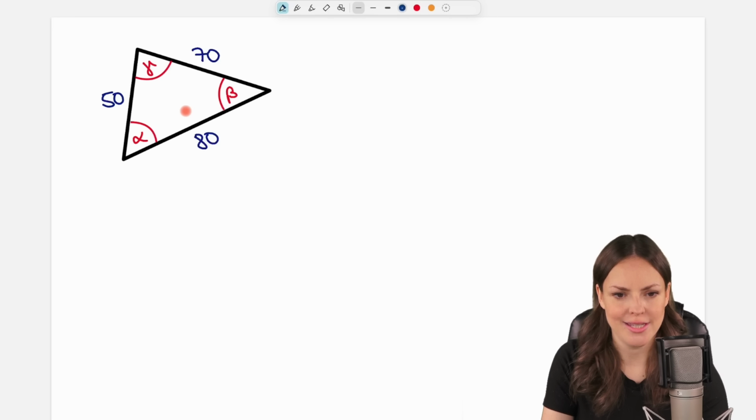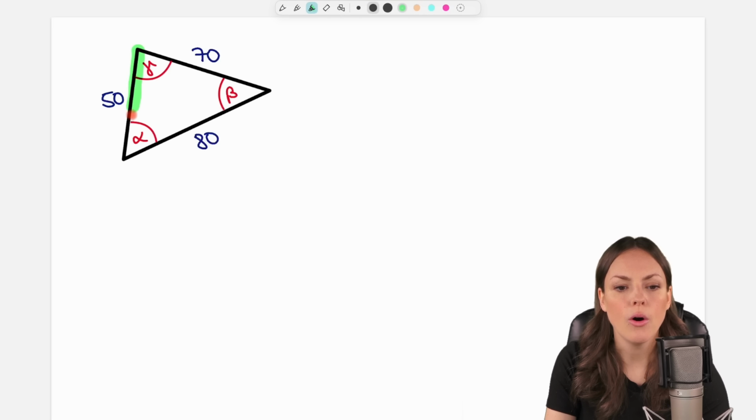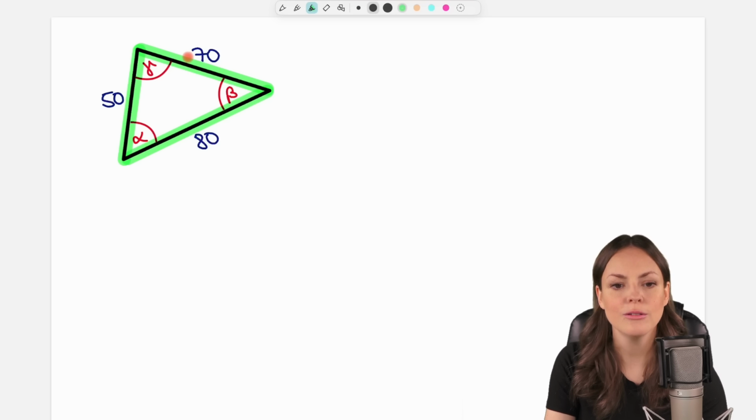The question just is, which of these laws can we use here now? The law of cosines, for example, uses all 3 sides of the triangle and one of the angles. You can choose any angle, whichever you want to find. We want to find all of them, so maybe let's just start with alpha for now.